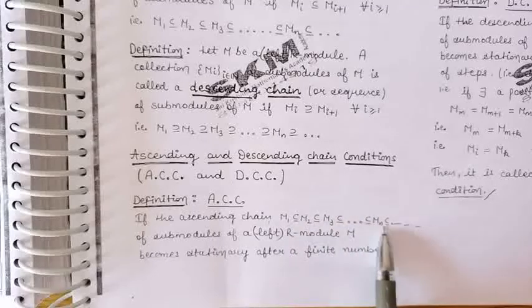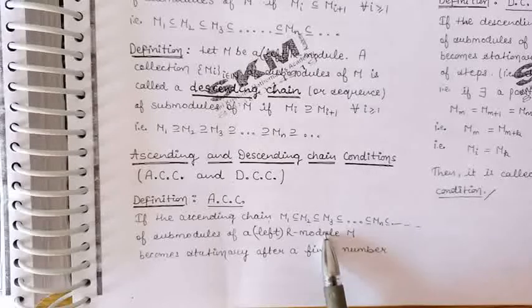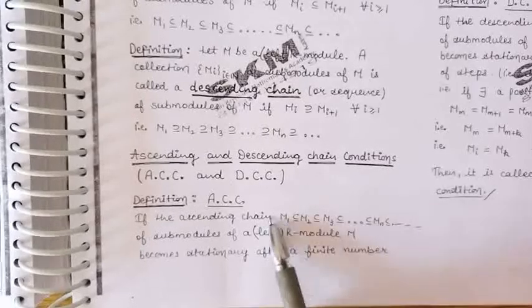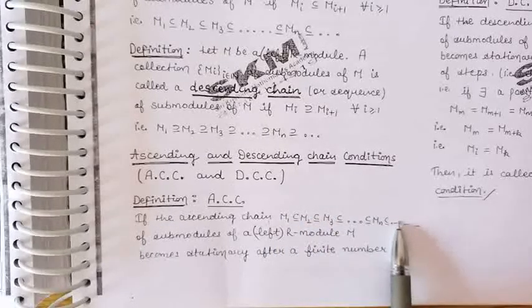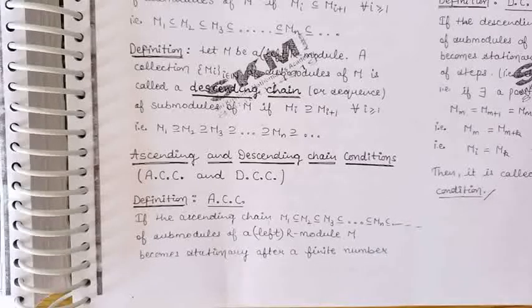These Mi are submodules of an R module M. If this ascending chain of submodules of M becomes stationary after a finite number of steps, means if this chain is finite, then we say that this is the ascending chain condition.